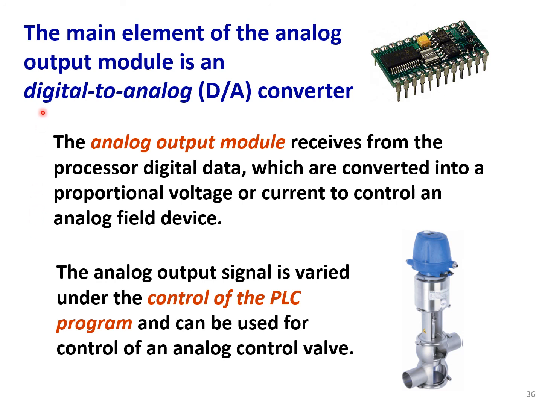Okay, so the output analog device is just doing opposite of what the input module is doing. The analog output signal is varied under the control of the PLC program and can be used for control of an analog control valve.